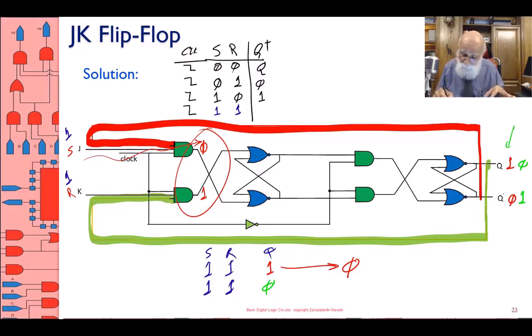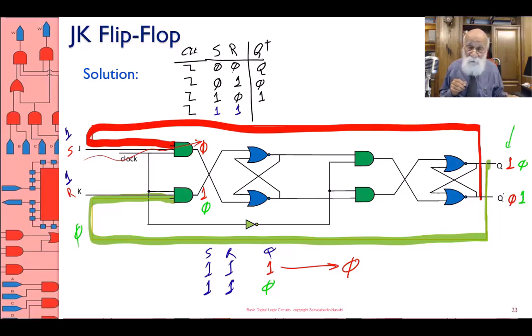I am taking the green line from Q, which is 0, feeding it back here, bringing it into the reset gate. Then what happens is this 0 on this feedback line doesn't let the blue one go across, and therefore I end up with a 0 here.